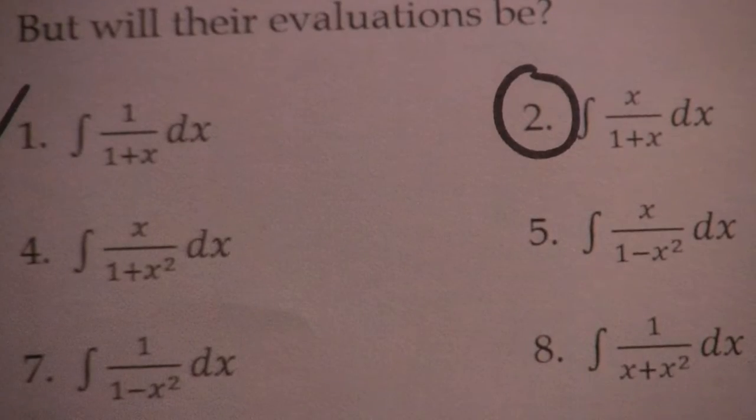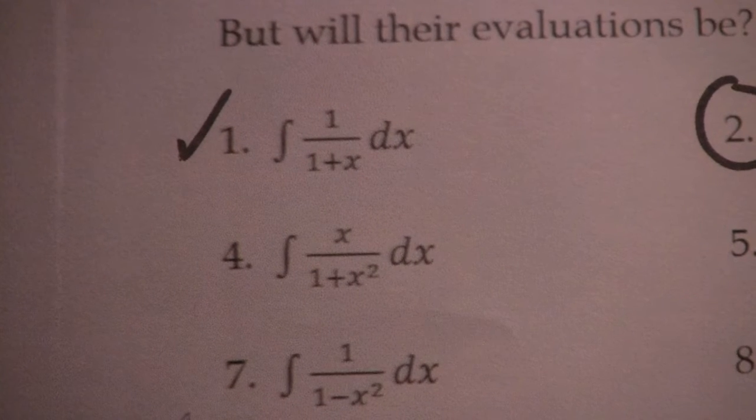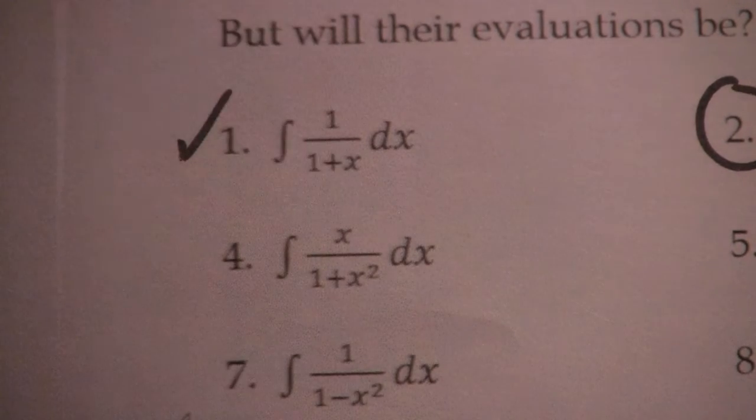Number 4, the integral of x over 1 plus x squared. You might need integration by parts, or maybe partial fractions, because you've got the integral for arctan on the bottom.